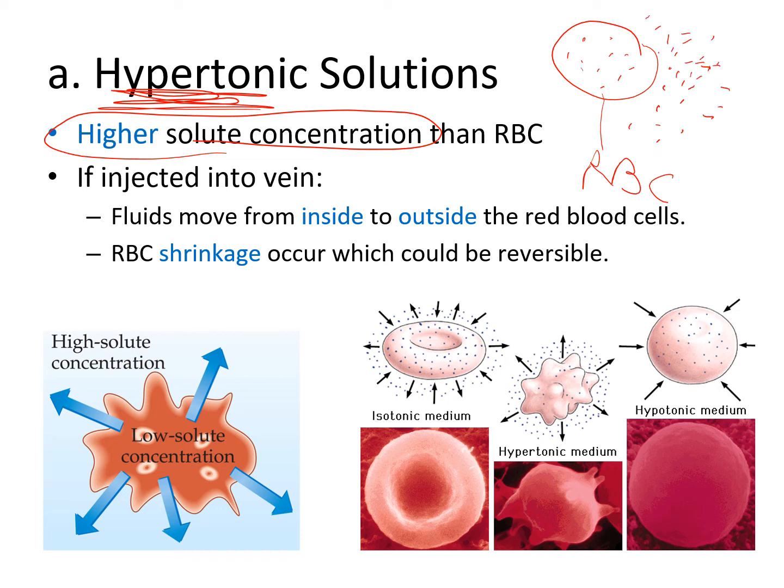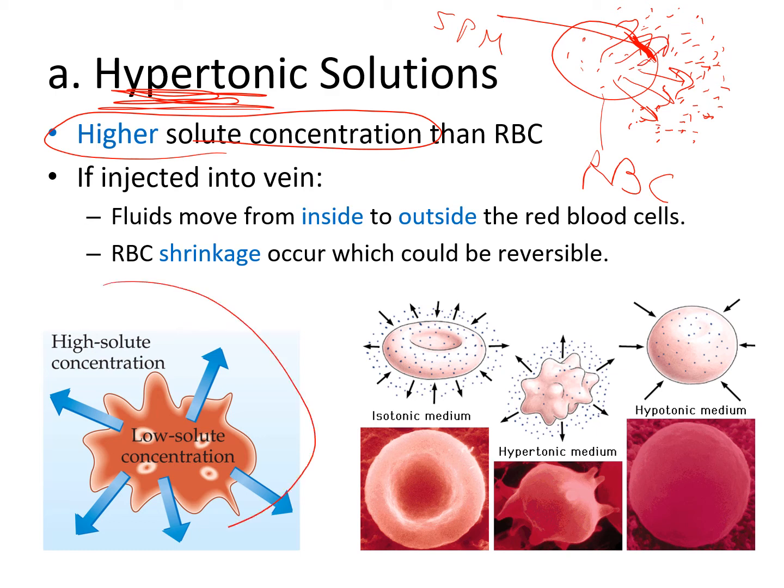I know that the red blood cell has other components, not drug. But whatever the substance present, if the solution here is more concentrated than the solution inside the red blood cell, the wall of the red blood cell acts as a semi-permeable membrane. It will allow movement of the water from the diluted side to the concentrated side. So water will move from inside to outside by osmosis.